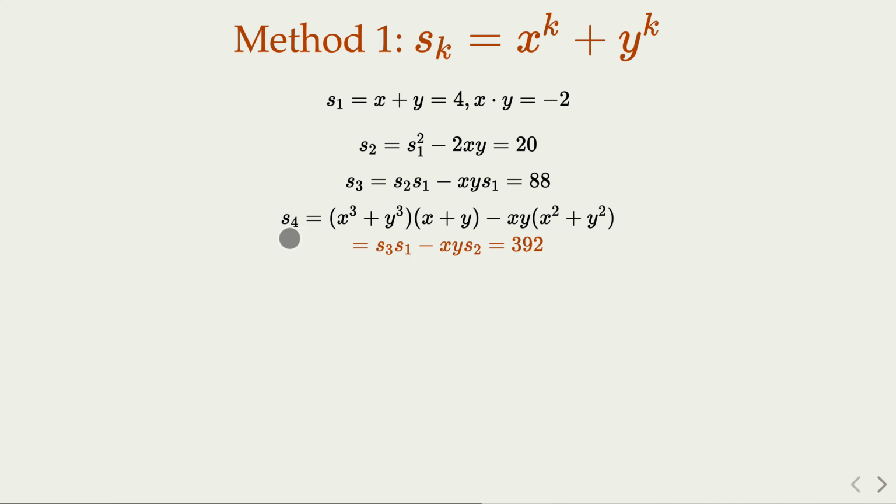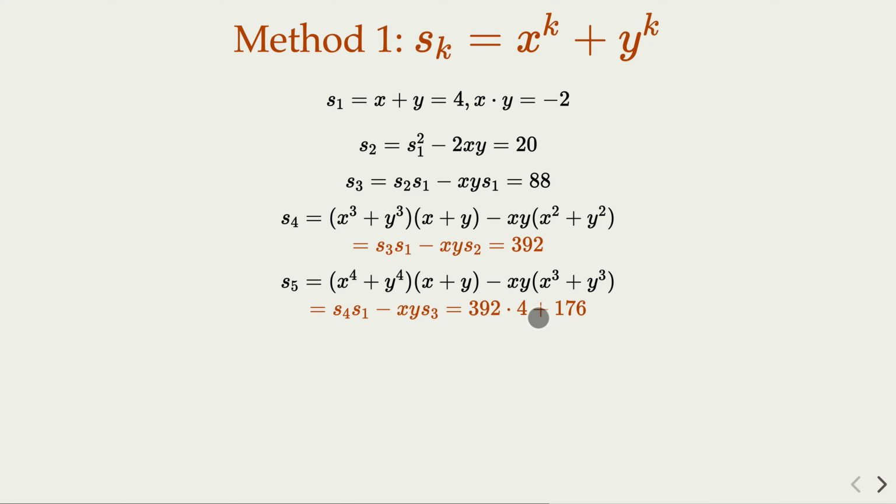Now S5, you use the same pattern here, would be S4 times x plus y, which is S1. So this is S4 times S1 minus the product, and then this is going to be S3. Okay, plug in the numbers. Notice that I don't calculate here because there's no need to do so, because later you're going to cancel the number 4. Okay, that's another trick you probably want to use in the actual exam to save you time.